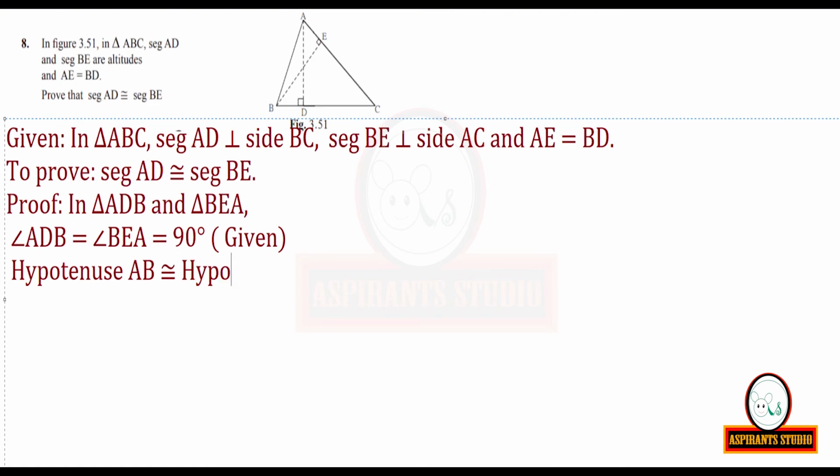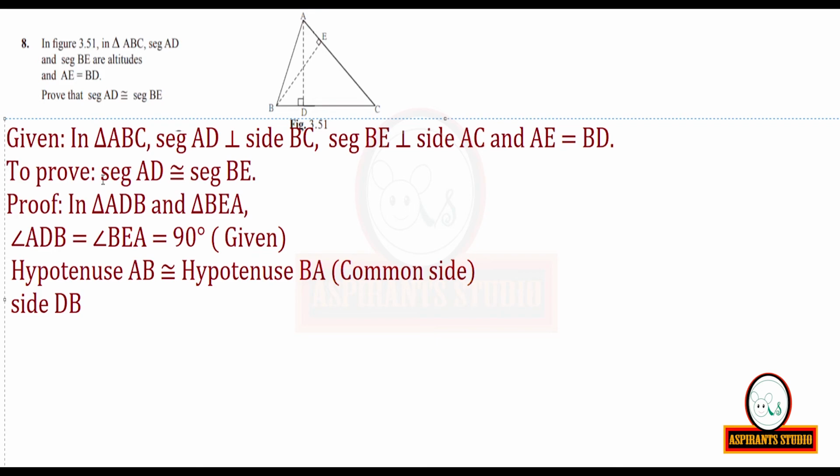Also, look at the figure. You have AB and BA to be the common side. If you cut and place these two right angle triangles, you imagine that you are cutting and placing overlapping on each of the right angle triangles where the right angles are matching.